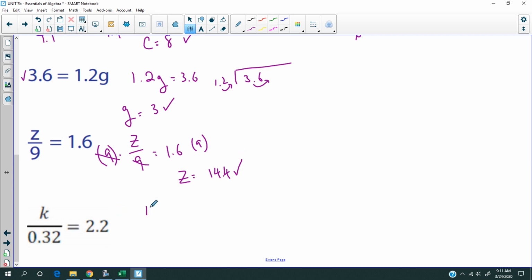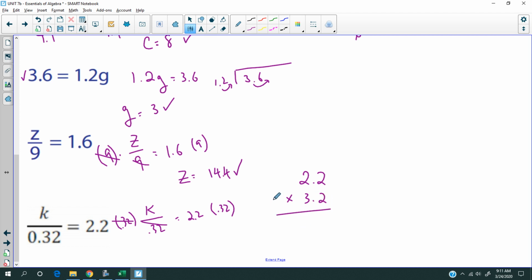All right, last one. I'm going to rewrite this because I don't have that much space. So what do I do here? Yeah, multiply both sides by 0.32. Cancel, cancel. And then here you got 2.2 times 3.2. Do that real quick. What would that be?